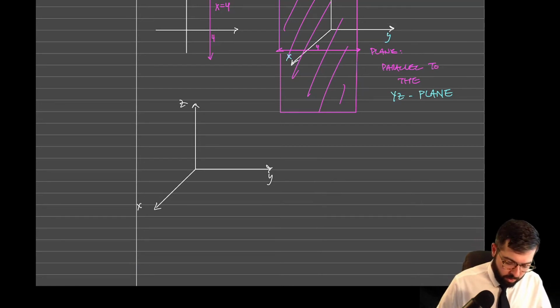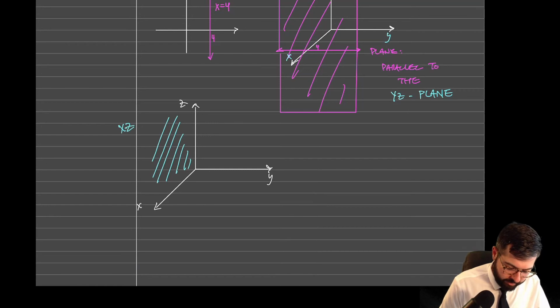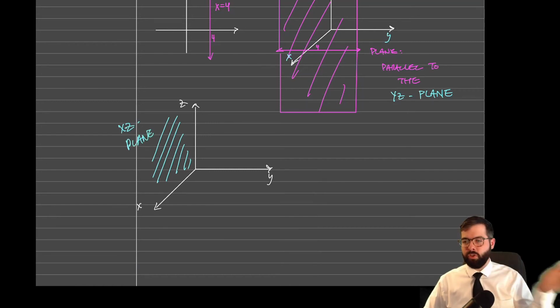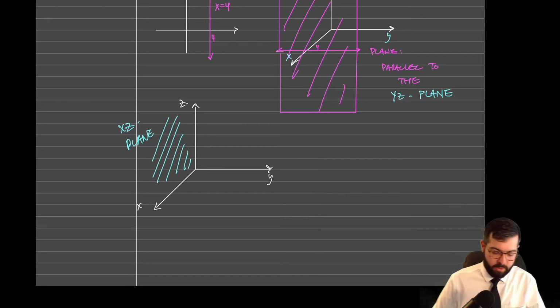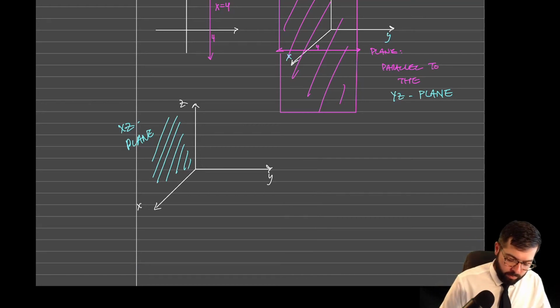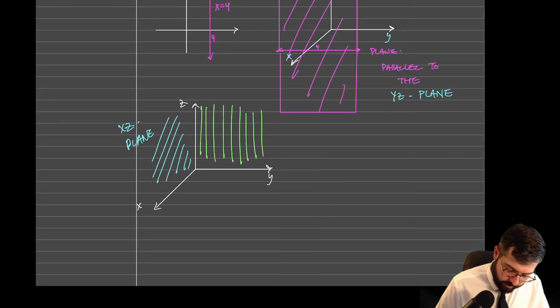So over here, this plane that you see on that left wall is called the XZ plane, because we're dropping out the y. It's all the points where y equals 0 in R3. Over here, we'll do it in a different direction. This is the YZ plane.